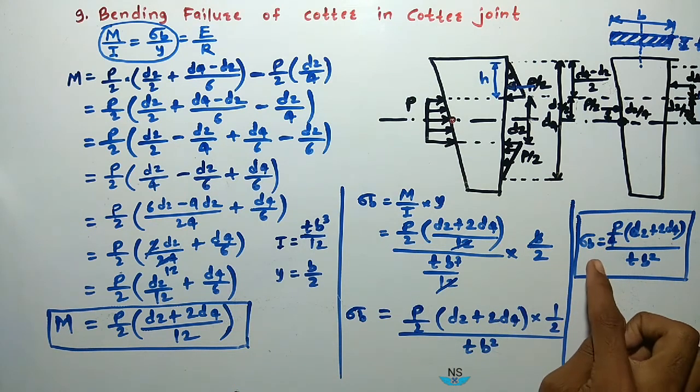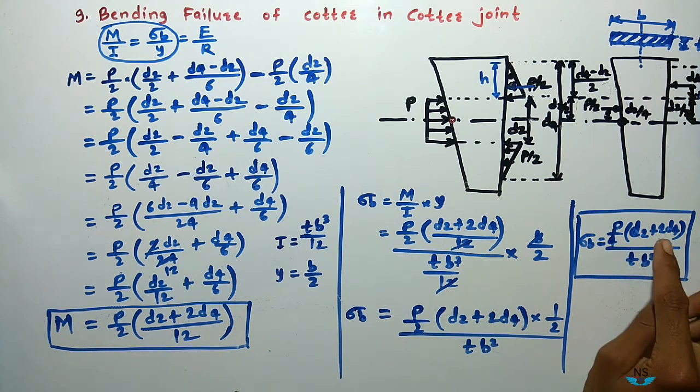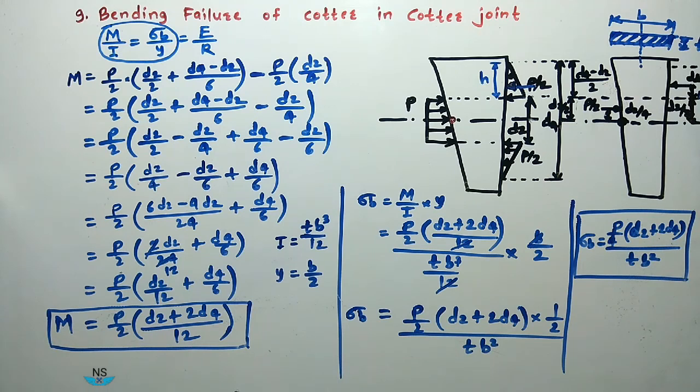So the expression for sigma b is P by 4 into (D2 plus 2 D4) divided by T B square. Now in the next video, we will see the design procedure of quarter joint, that is, how to design the quarter joint, the step by step procedure of design of quarter joint.